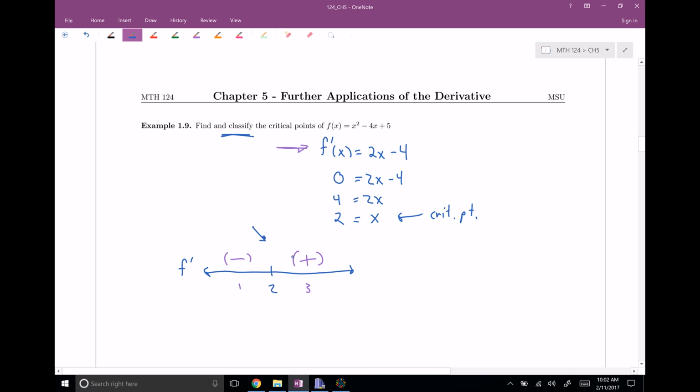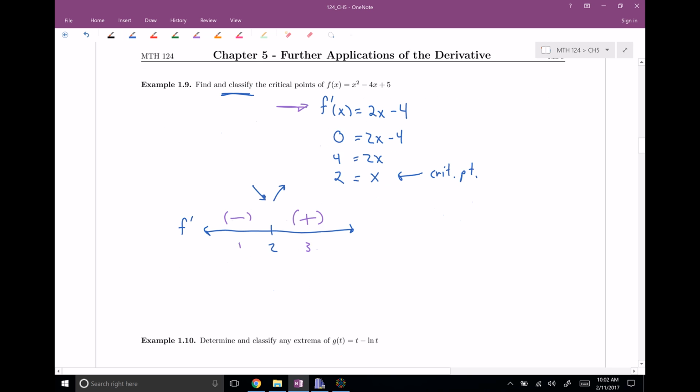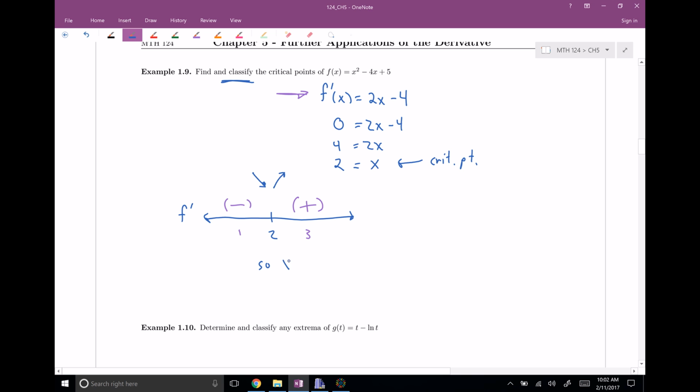Over here, a positive derivative means that it's increasing, that it has a positive slope. And so if you just draw a little picture here, you can actually see that you make a minimum sort of deal. So x equals 2 is a minimum. Or if you want to be more precise, a relative minimum.